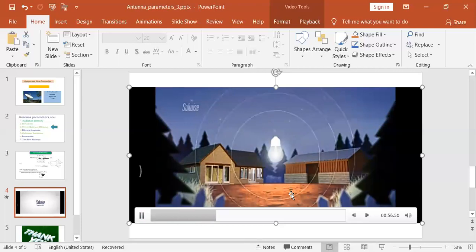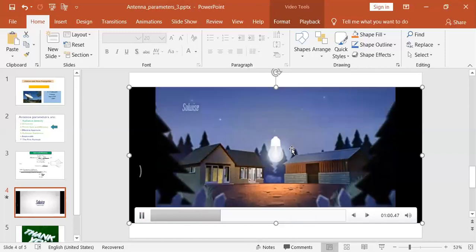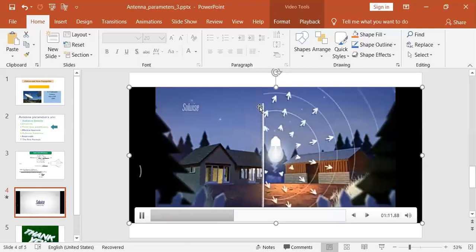Suppose we want to increase the gain, so we have to focus the radiated power. This can be done by placing a mirror on one side of this bulb.